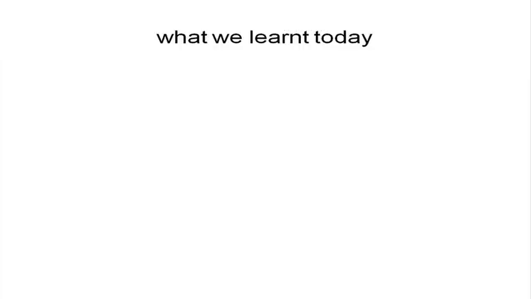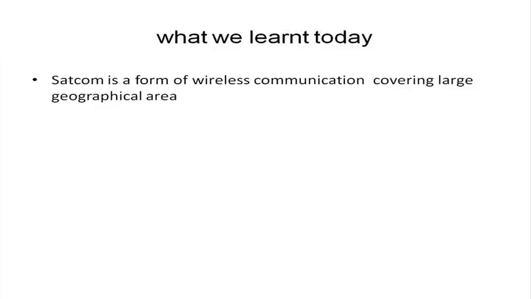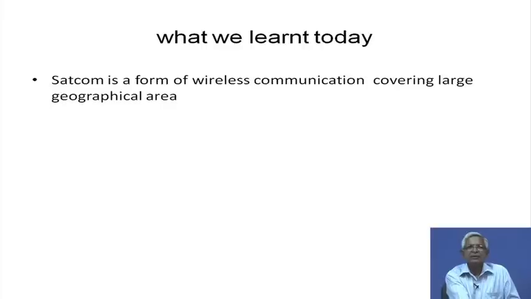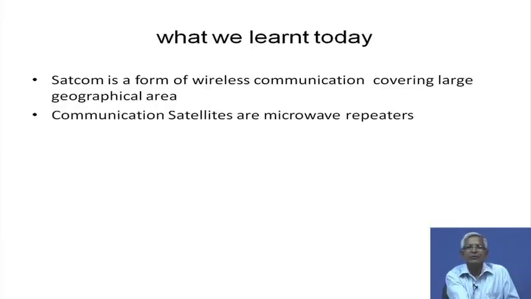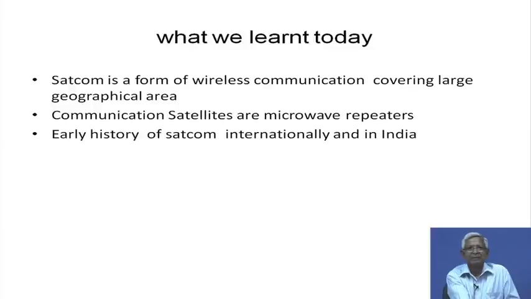Now, what we learned till now is that SATCOM is a form of wireless communication which covers a large geographical area. Also, we learned that these communication satellites generally are used in the microwave band, and it can be called a microwave repeater.